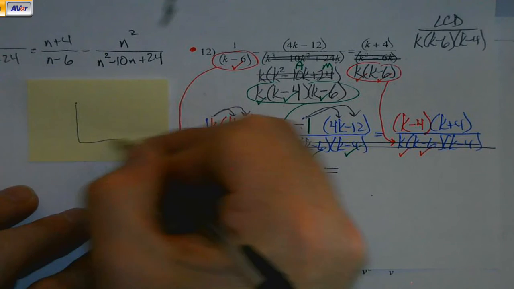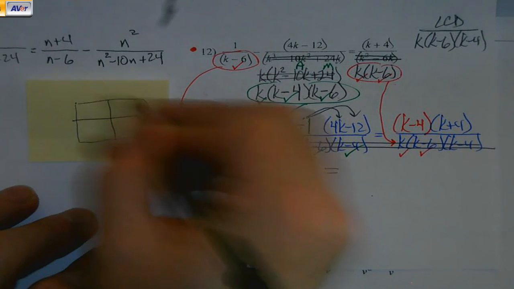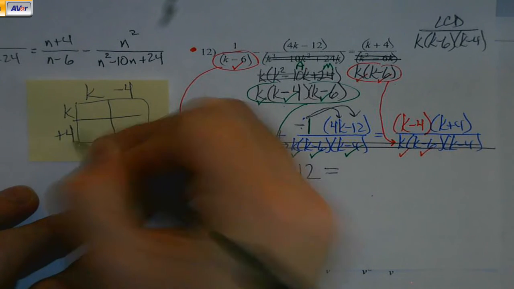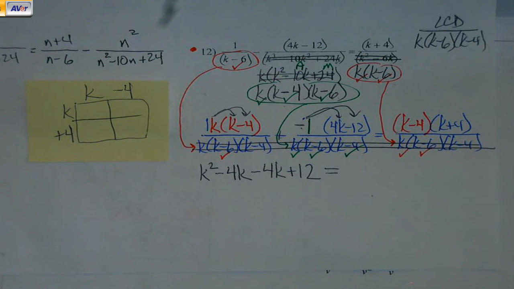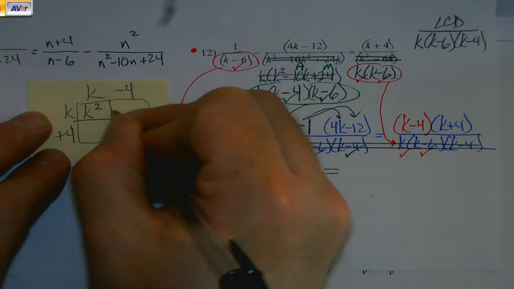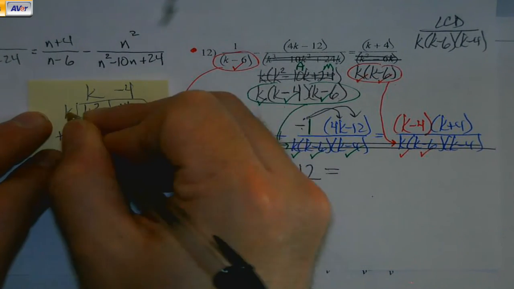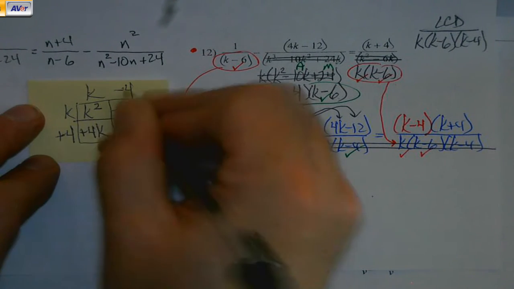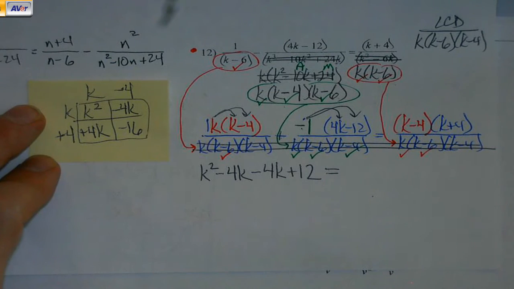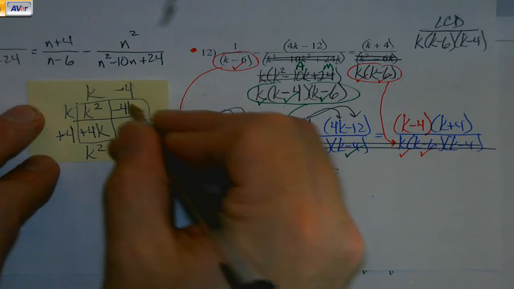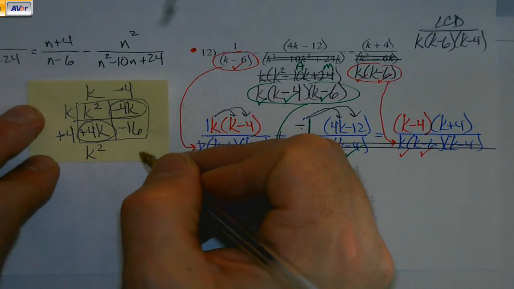If I need a little side room to work with, I've always got either some scratch paper or graph paper in the front you could use. I multiply the edges of my box together and start looking for like terms. Negative 4k, positive 4k.